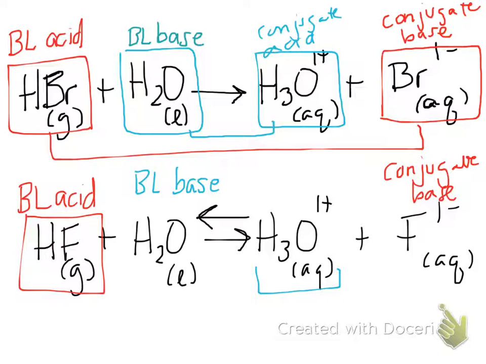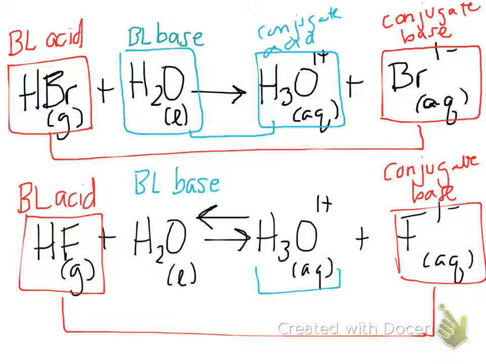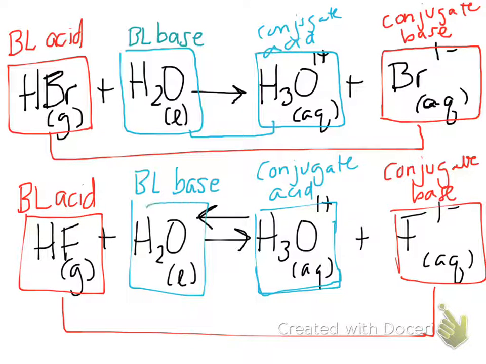For every acid, there is a conjugate base. Could the hydronium ion give up its proton? Yeah. Which makes it a conjugate acid. For every Bl base, there is a conjugate acid. These are called conjugate acid-base pairs.